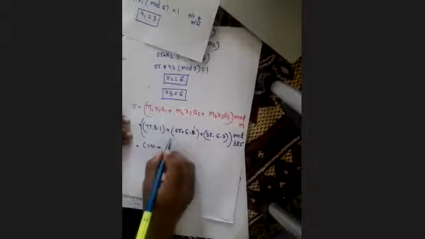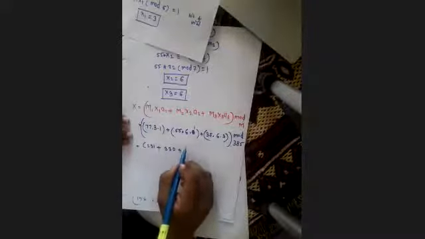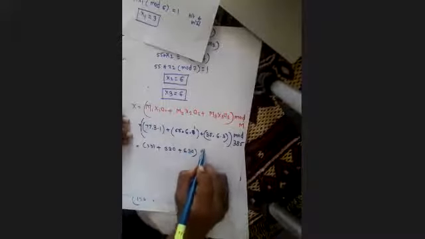Now simply we need to do multiplication, perform the addition and then mod 385. Let me know the value if you have a calculator. 77 into 3 into 1, yes, 231 plus 55 into 6 will be 330. 35 into 6 into 3, 18 into 35, 630, mod 385.